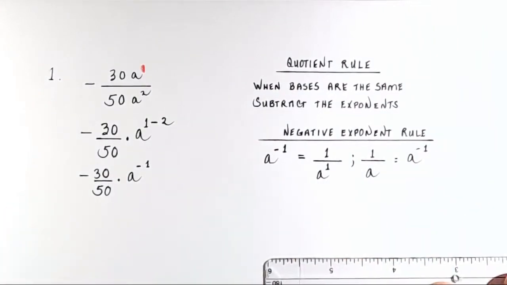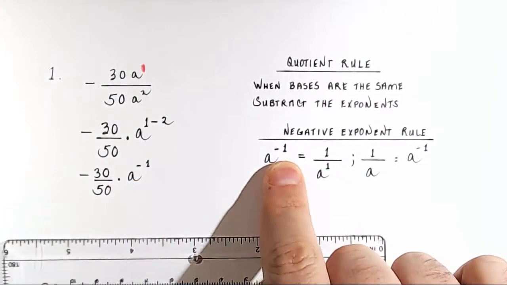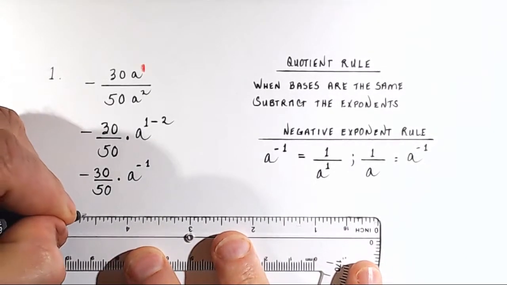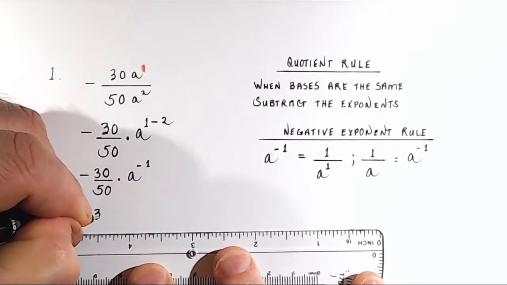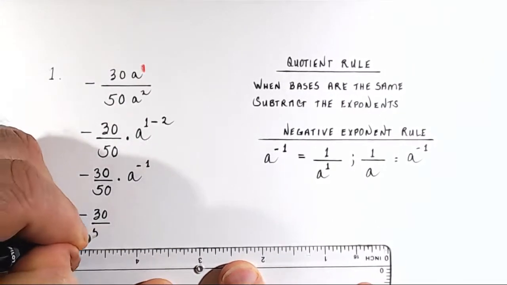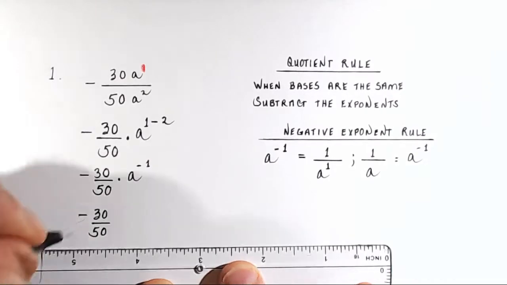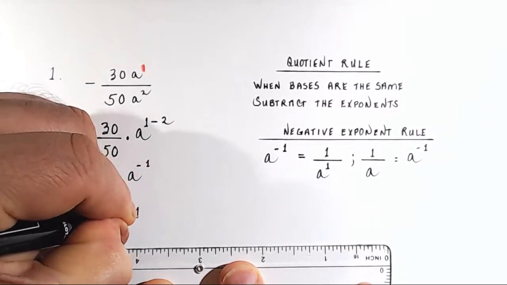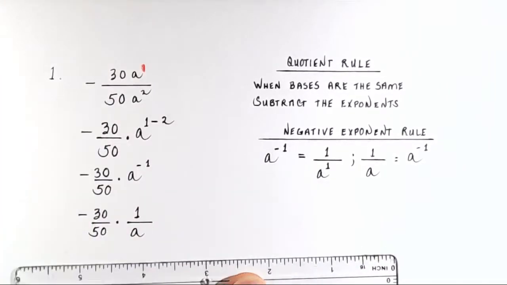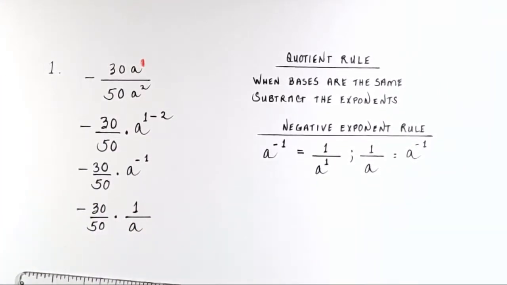Works both ways. Well, over here we're presented with case 1. So we're going to write this again as negative 30 over 50 times 1 over a. Remember, there's that little 1 in the exponent section. And we just apply the negative exponent rule there.